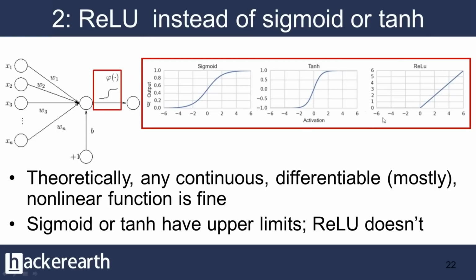Now, recently, the standard has become to use rectified linear units, ReLU. When their input is negative, they give you 0 value, and when the input is positive, they give you exactly the same as the input. The reason this works better is because it doesn't have an upper limit. Both tanh and sigmoid have an upper limit.